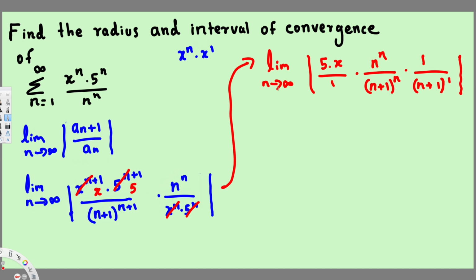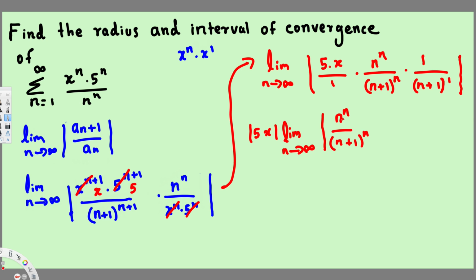So you can also separate like this. Now since we are not doing anything for this 5x, we can move it to the front, because this is only dealing with n, right? N approaches infinity, so we only substitute n right here. Now we can move the 5x to the front. This is going to be the absolute value of 5x, times the limit as n approaches infinity of n to the power n over n plus 1 to the power n, right?